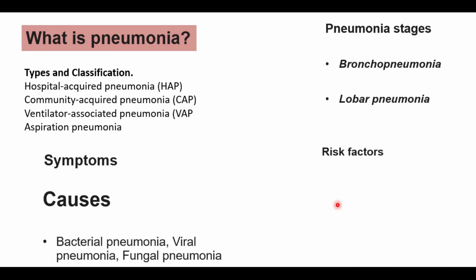People with certain chronic medical conditions such as asthma, cystic fibrosis, diabetes, COPD, heart failure, sickle cell disease, liver disease, kidney disease. A patient having any of these diseases is more likely to get a pneumonia attack as compared to a healthy person.